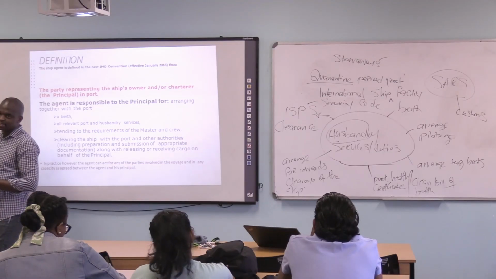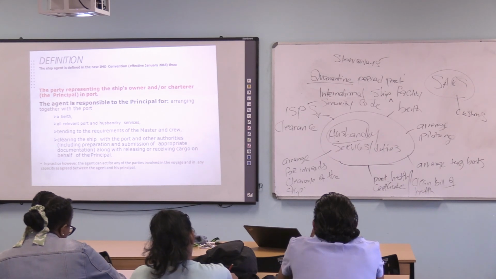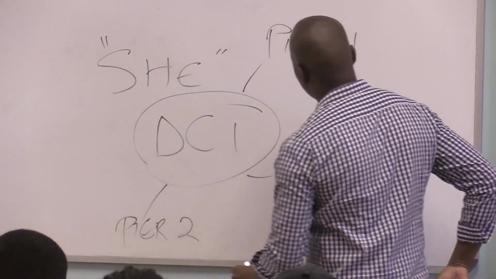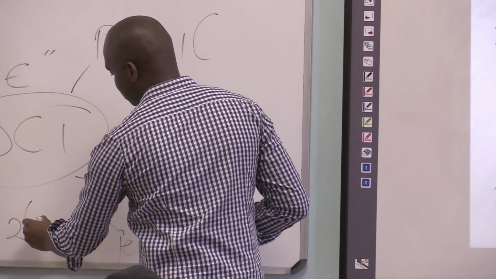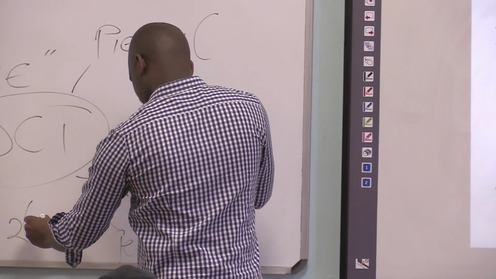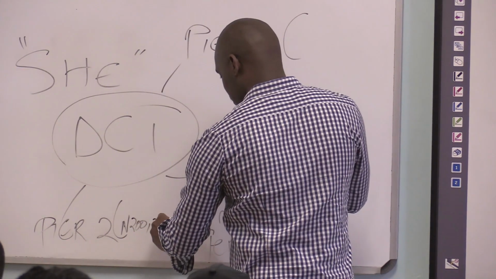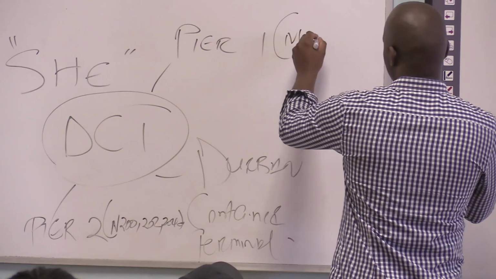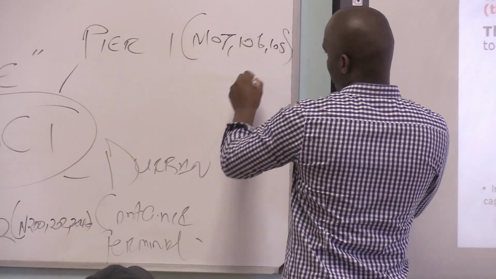So DCT is divided into two. There's DCT Pier 1 and there's DCT Pier 2. In Pier 2, there's N200, 202, 204, etc. In Pier 1, I think there's N107, and there's 106, and I think there's 105 as well, if I'm not mistaken.